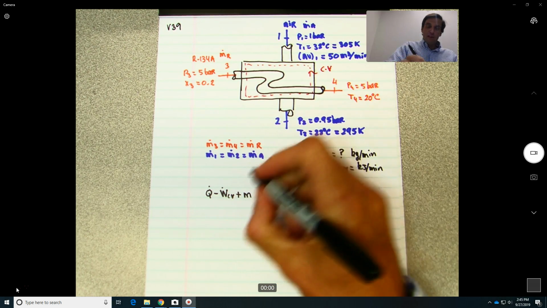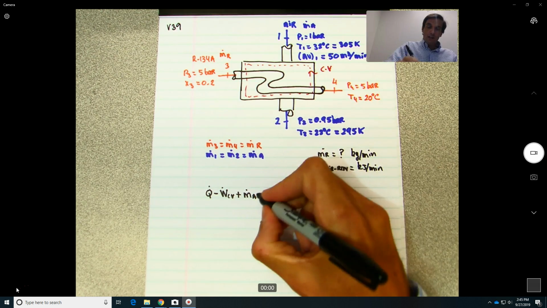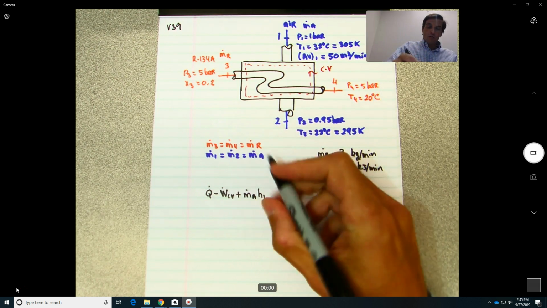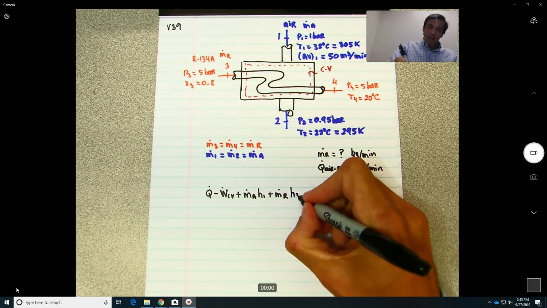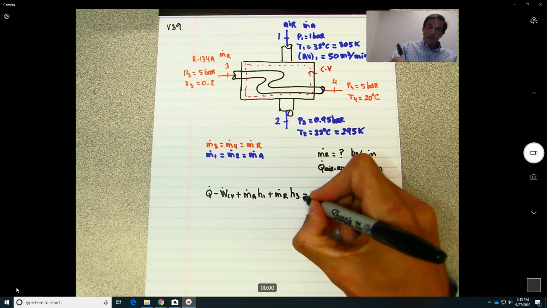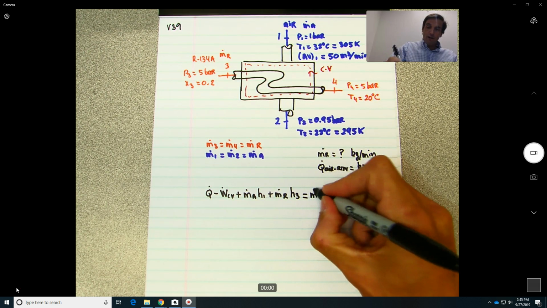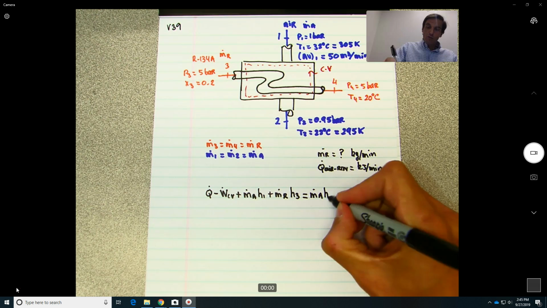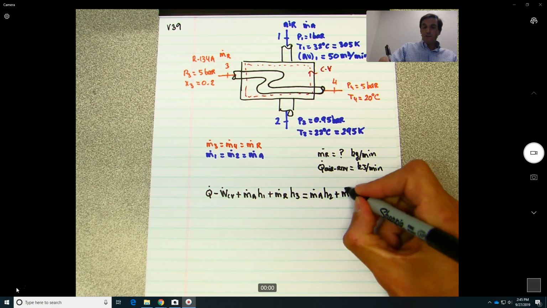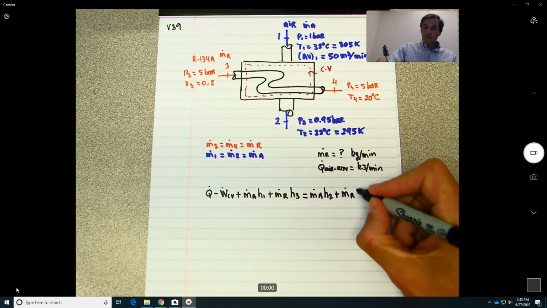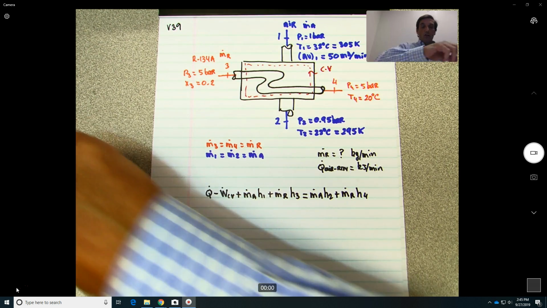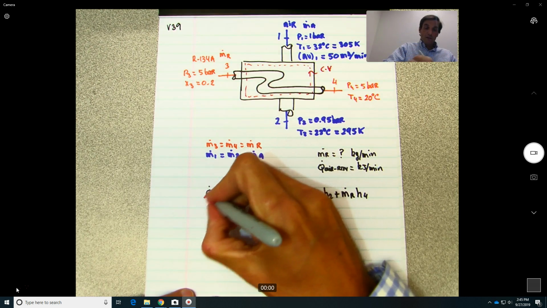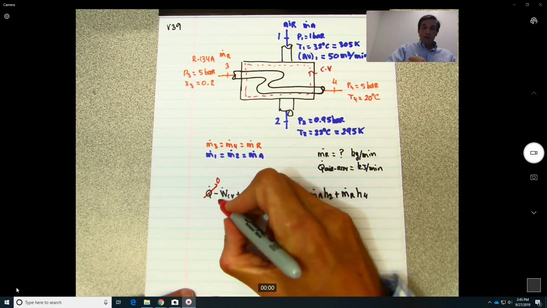So we have air, mass flow of air, H1. Also we have refrigerant, H3. And what is leaving? We have air leaving at the state H2, and we have refrigerant leaving at 4. So from this figure, you see that there is no heat transfer and there is no work being added or removed.